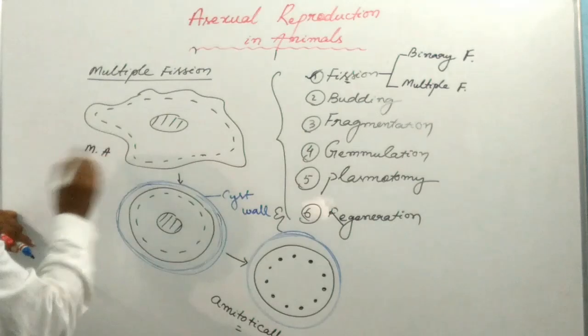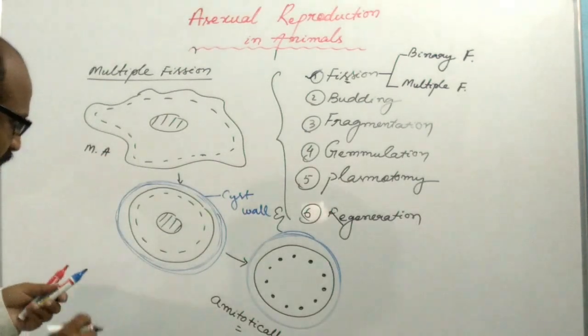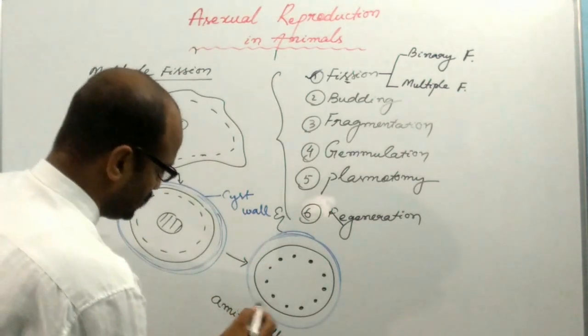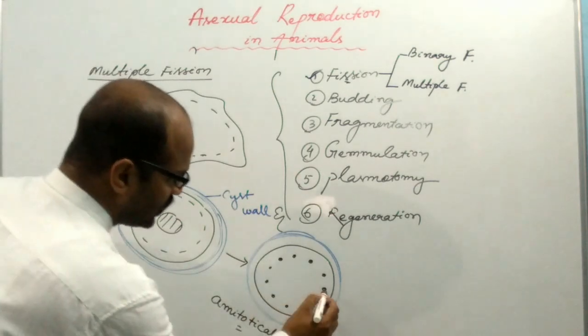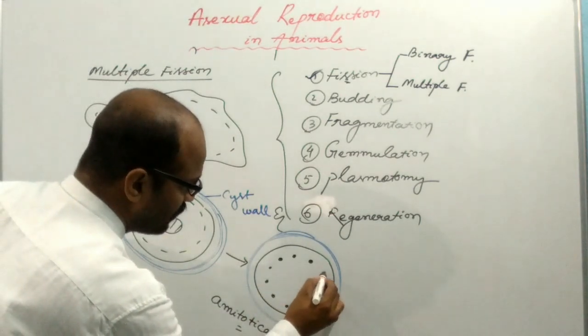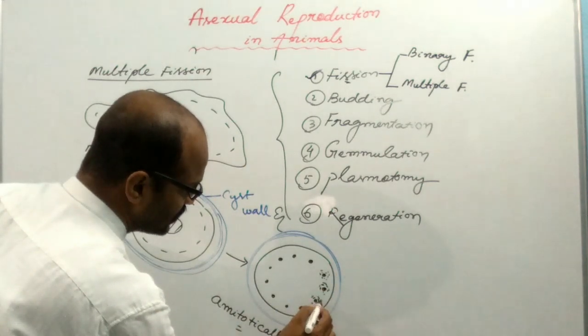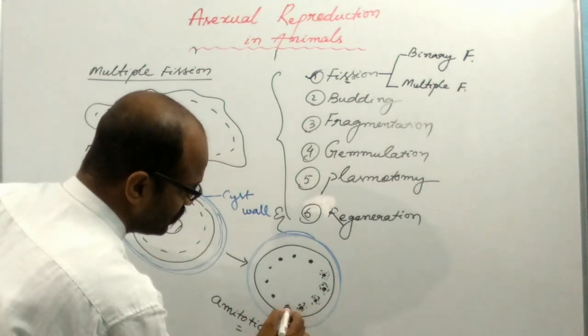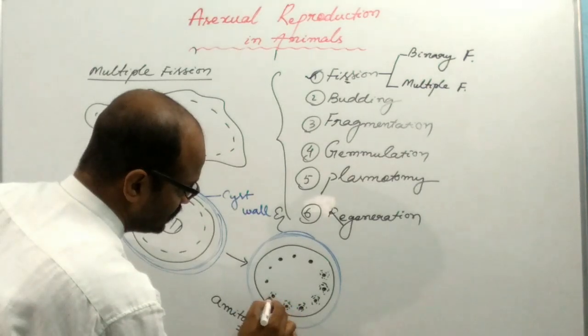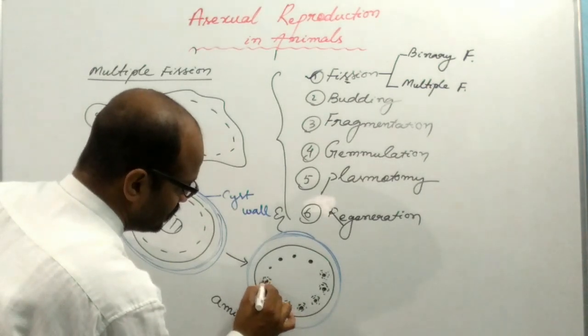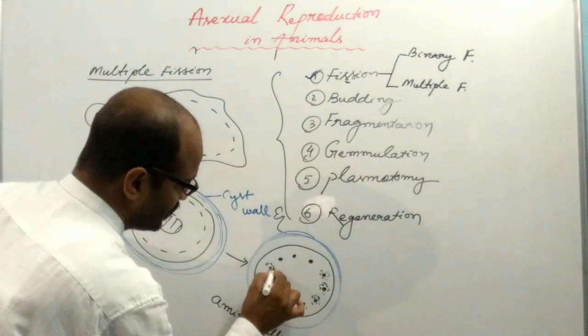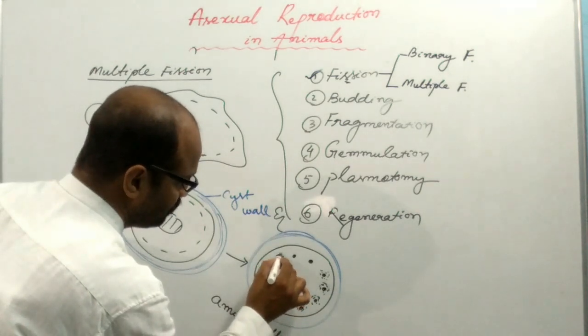This is the mother amoeba. Around each nucleus, a bit of cytoplasm surrounds the nuclei.